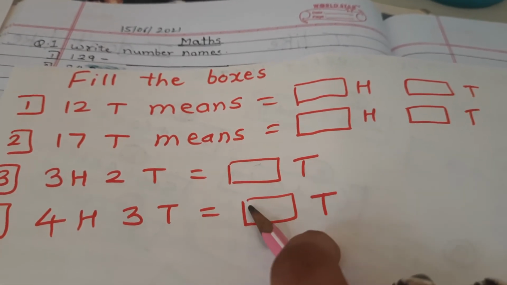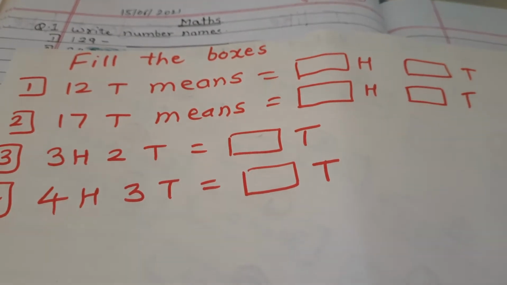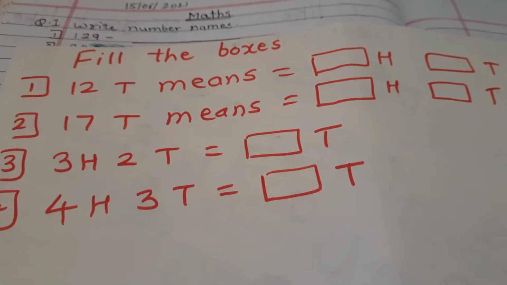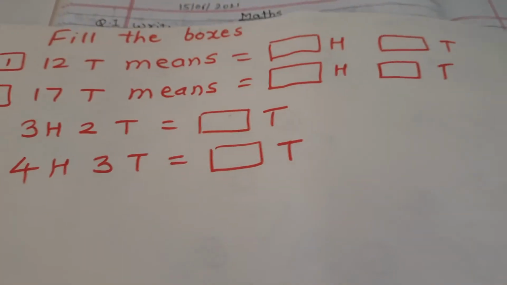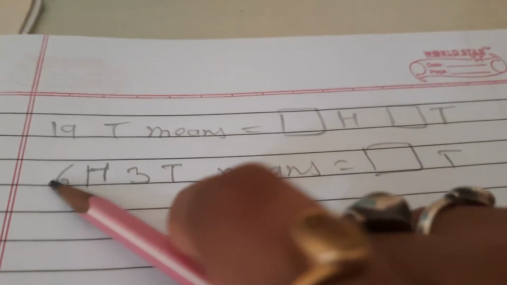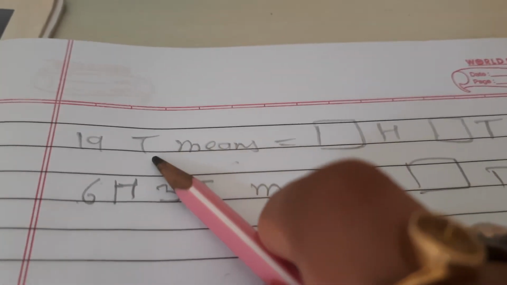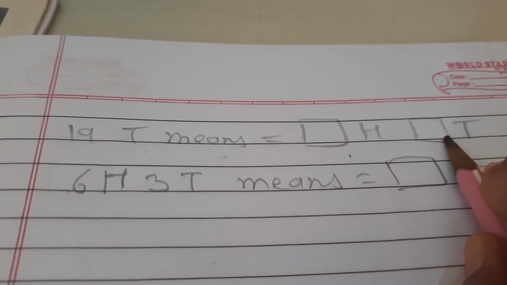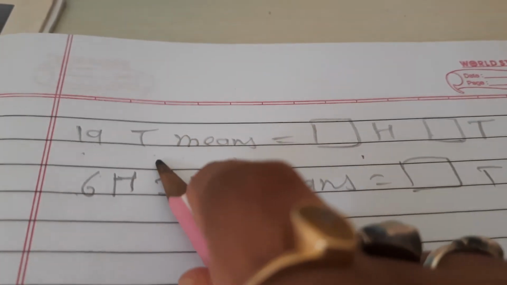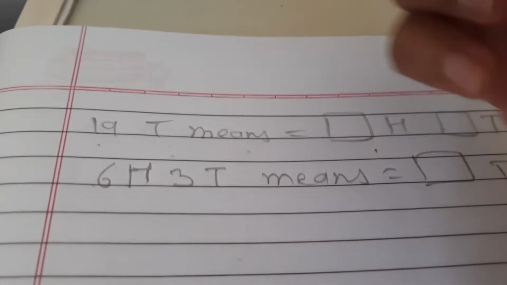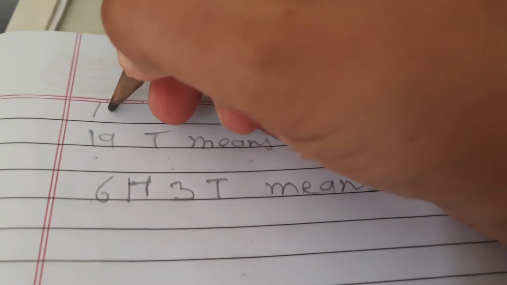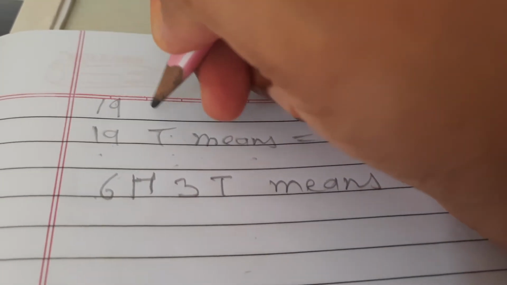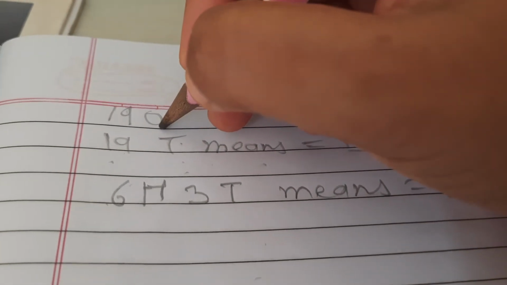Last year in the third standard we have learned about it. I will just give you one or two examples, then you can solve it. Here the two examples are there. Just see 19 tens. 19 tens means how many hundreds and how many tens? 19 tens means 19, and tens means one more 0 at the unit place, right?